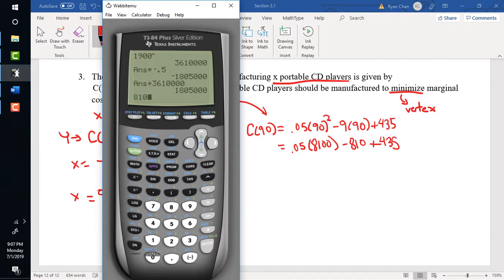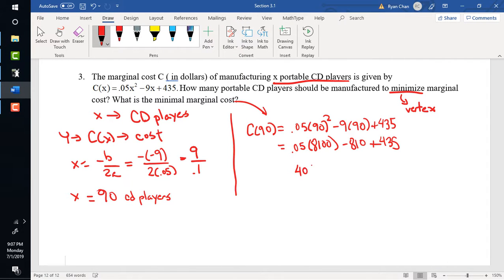8100 times 0.05 is 405, minus 810, plus 435.